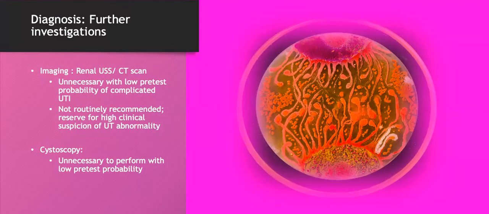So it's not routinely recommended and is reserved for high clinical suspicion of urinary tract abnormality. There's also cystoscopy, and like ultrasound and CT scan, it is unnecessary to perform if there's a low pretest probability that the patient has any abnormalities of the urinary tract.